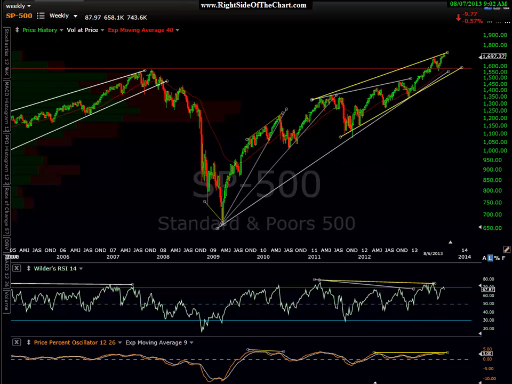So if prices were to come back, let's just draw that real quick. If prices were to come back in, it would look something like this. We would be testing both the breakout to new highs as well as these key primary uptrend lines, and that would be a level to watch, and quite likely a break below, moving down here, would quite likely call this current bull market, the cyclical bull market that we've been in, into question.